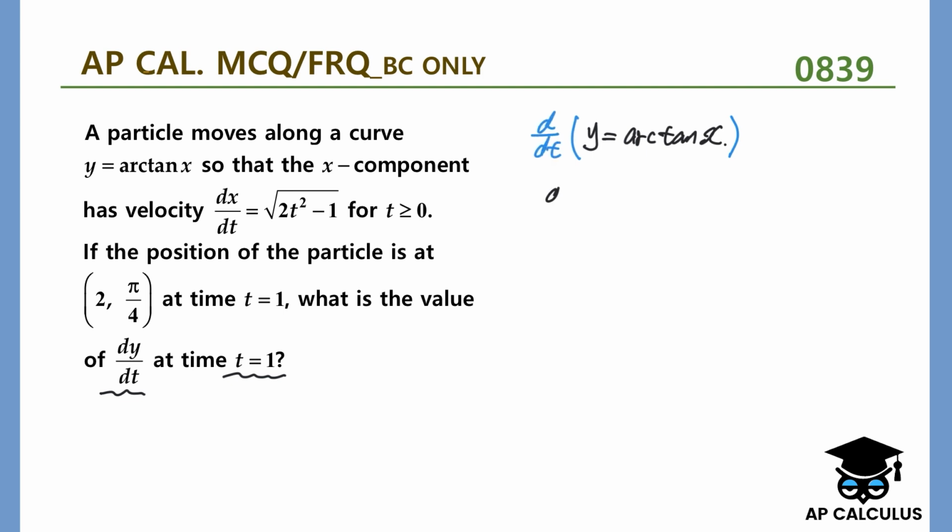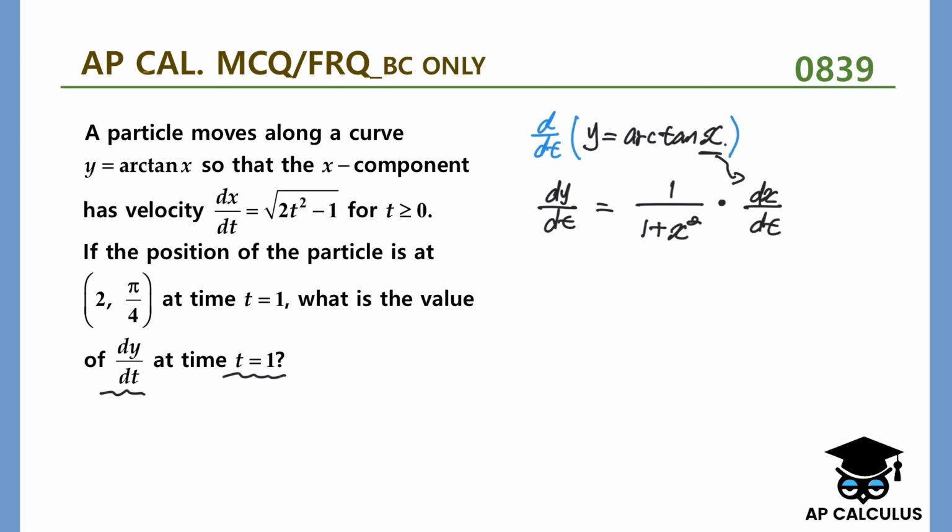Then we'll have dy/dt equal to the derivative of arctangent, which is 1 over 1 plus x squared, times the derivative of x with respect to t, that's dx/dt. So far so good.